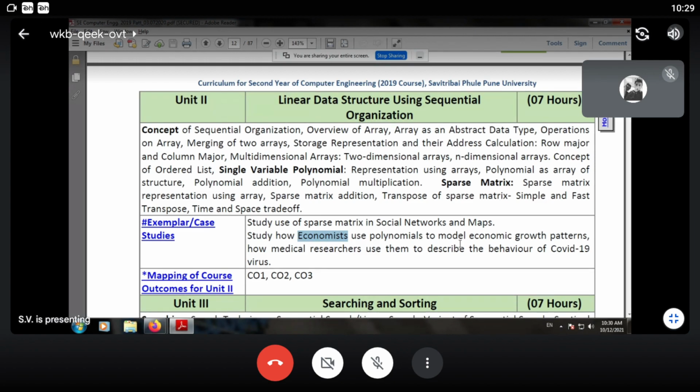Either it is 4x square, or it will be 2x, that is twice of that, or it is 15x. So in phase 1 what will be defined, in phase 2 what will be defined, in phase 3 what will happen. This is the prediction pattern for the growth of a virus.